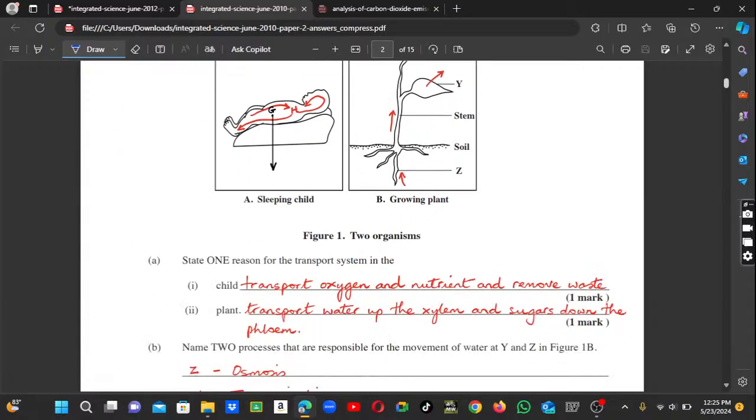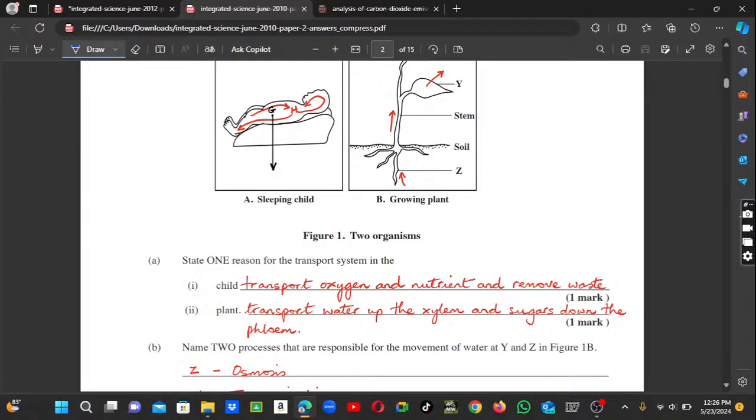Here it says we need to state one reason for a transport system in a child. In the child, the transport system would transport oxygen and nutrients and remove waste.